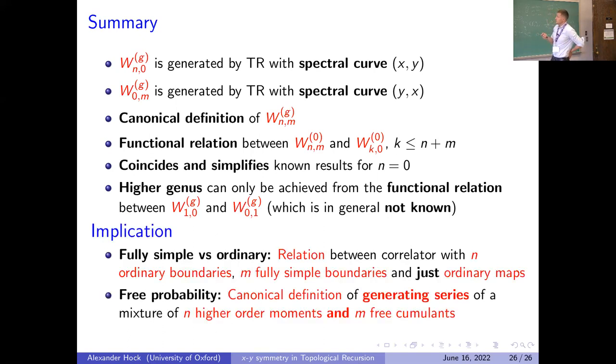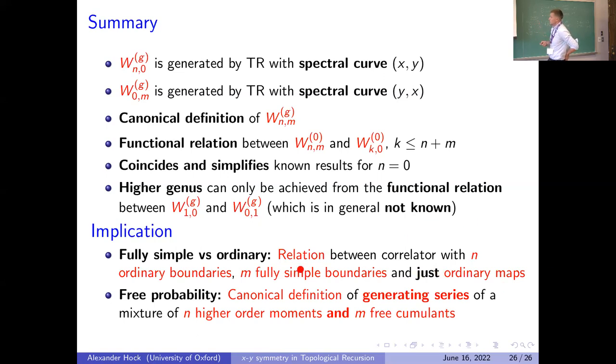And what this all implies is that it relates fully simple to ordinary maps, where we have n ordinary boundaries and m fully simple boundaries. So W_{n,m} means for maps that I have n ordinary boundaries and m fully simple boundaries, and I relate them to just ordinary boundaries, or just fully simple if you want, whatever you want.